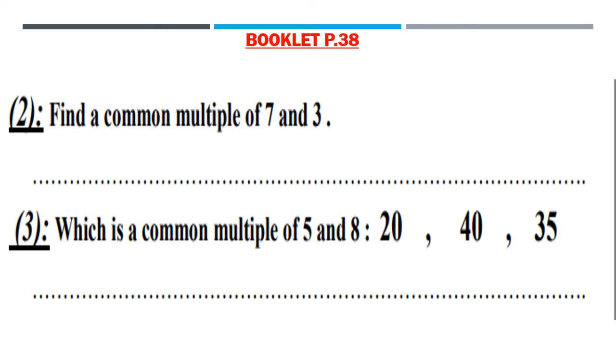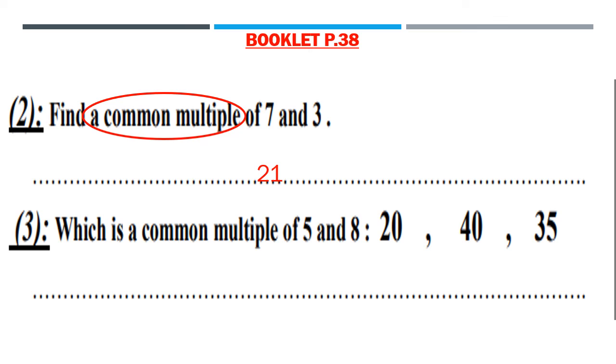Or you can multiply 7 and 3, and you will get 21. So 21 is a common multiple for both 7 and 3. You can find it in table 7 and in table 3. So a common multiple between them here will be 21.